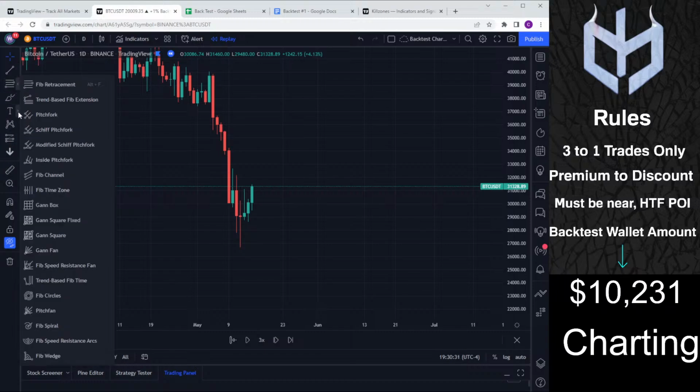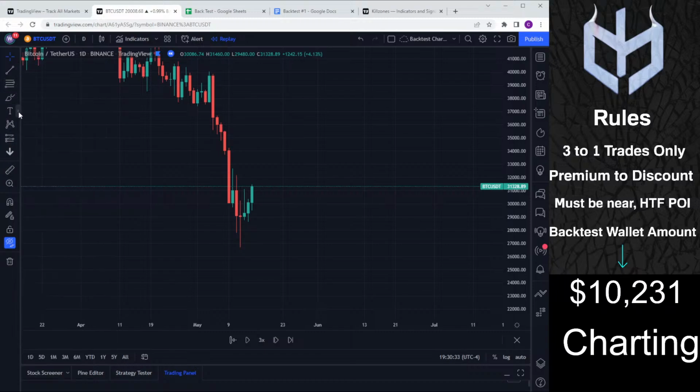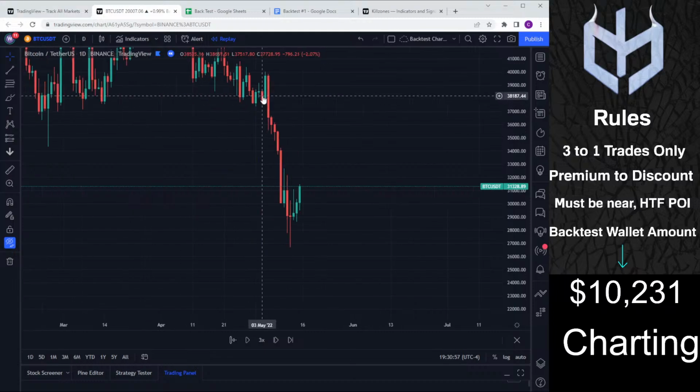I guess for future note, I should not mark out the days until I actually do my drawings of PD arrays. Okay. Mark out the prior day high, prior day low. Gotcha.